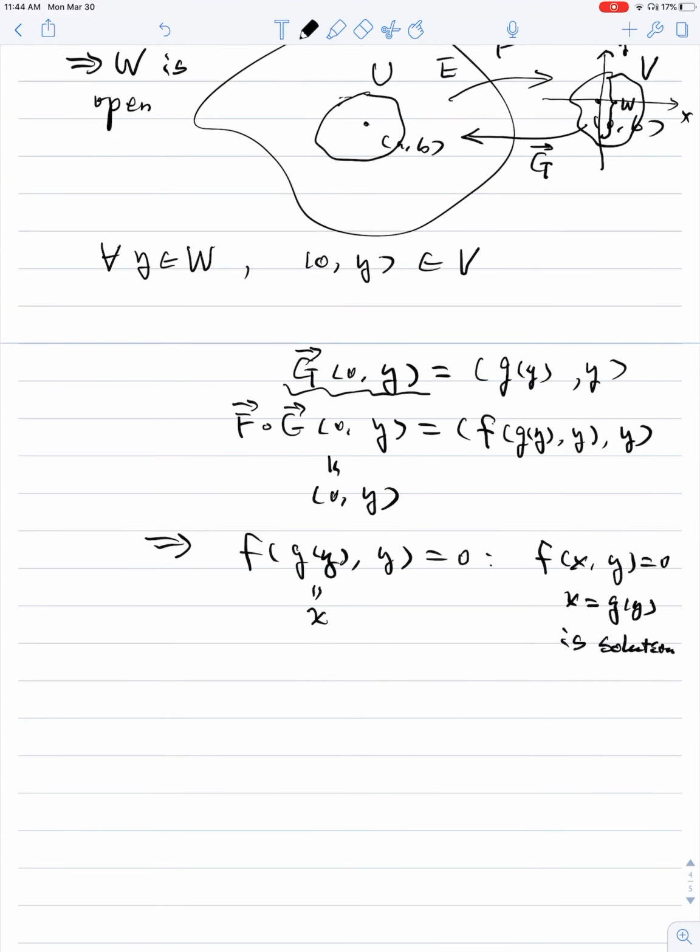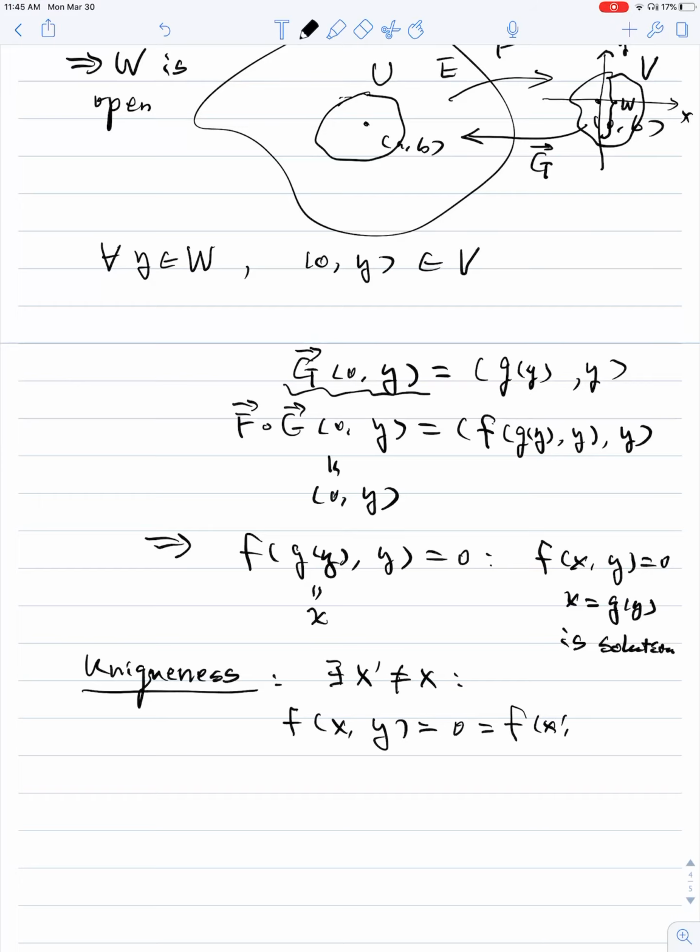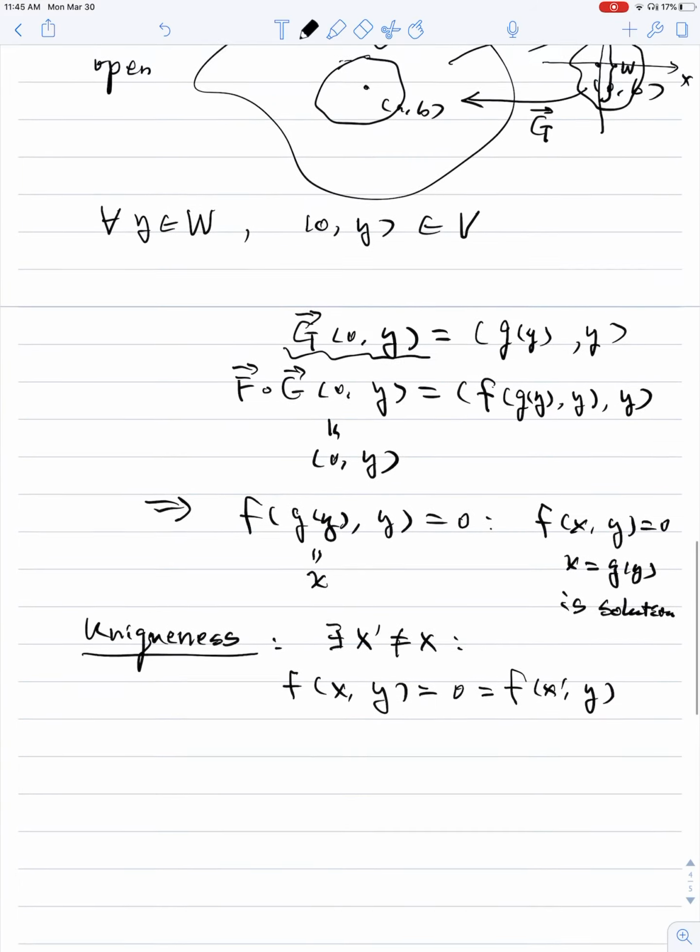Now we want to prove that it is unique. The uniqueness actually comes from the fact that F is one-to-one. So if you have two points, x prime not equal to x, such that f(x, y) equals 0 equals f(x prime, y), then you would get a contradiction.